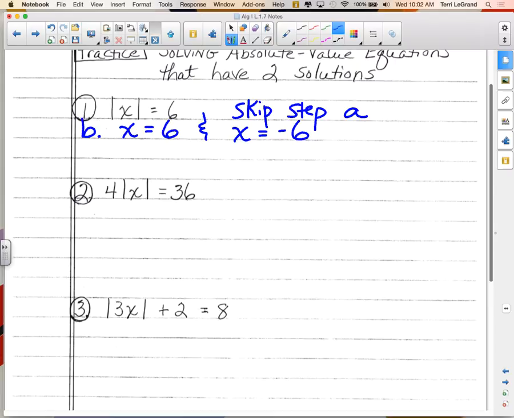Okay? Step C says solve them. Solve it. It's already solved, isn't it? So in step C, we can really just bring them down and say x equals 6 and circle it, and x equals negative 6 and circle it, and say there's our two solutions. We didn't have to do any work.